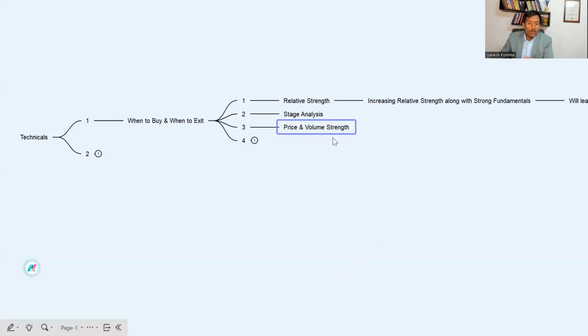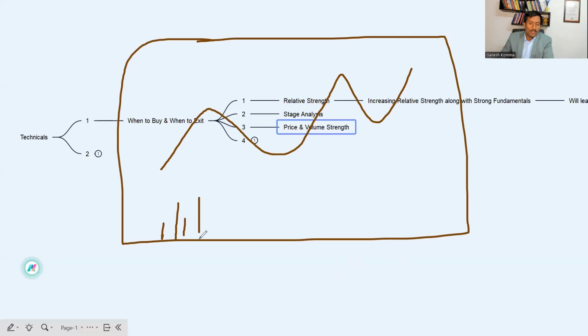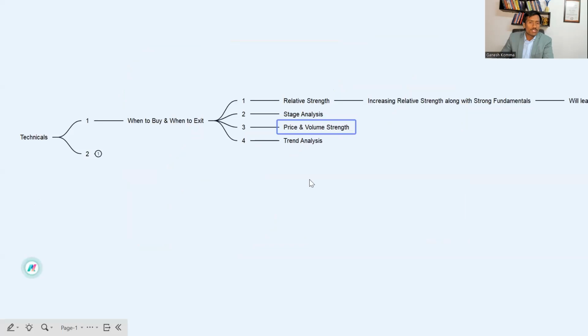But volume, which comes to you on a chart, right? Let's say if this is a chart, and you see this as the stock price movement, you get volumes below your chart. These volumes, no one can hide or manipulate, right? So that's the power of technical analysis where you can combine price and volume strength.